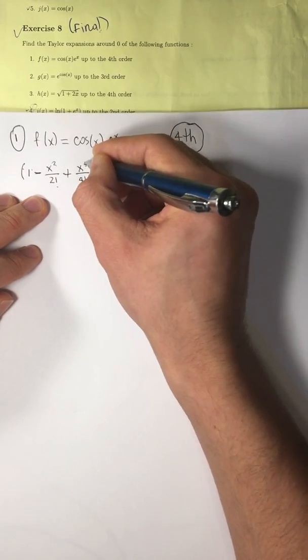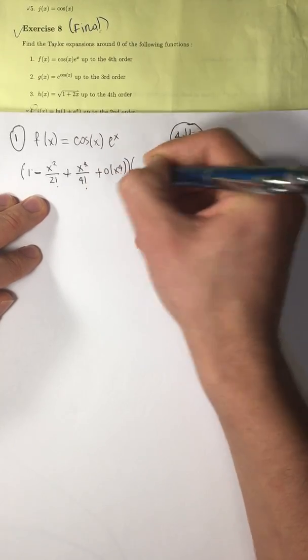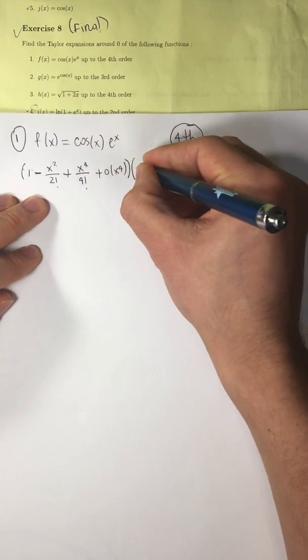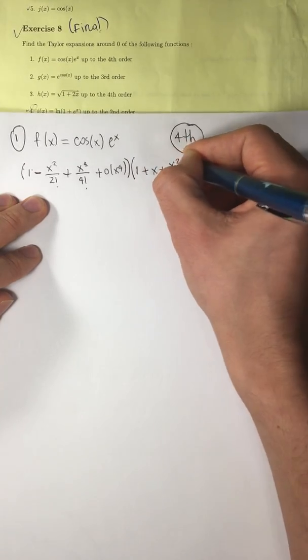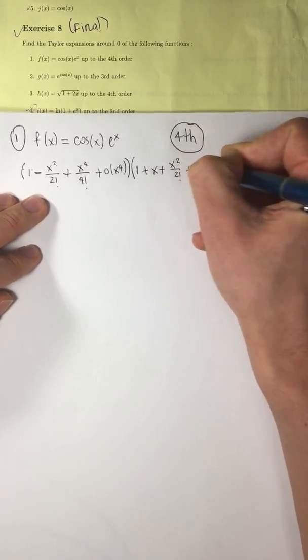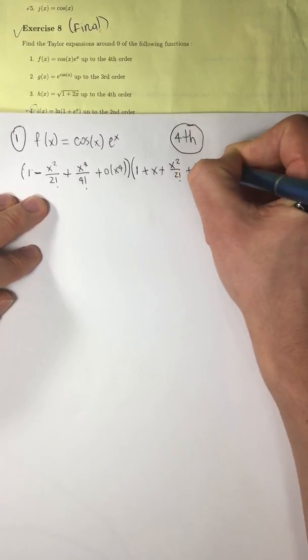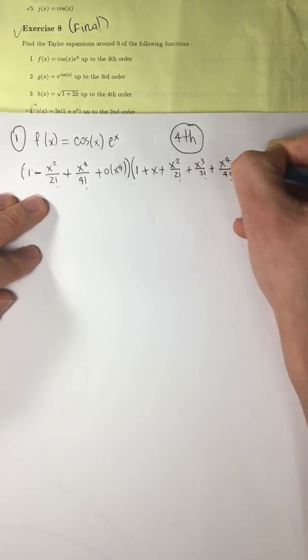We need only 4, so plus ox4. Right? Yes. And e to the x, so it's 1 plus x squared divided by 2 factorial plus x cubed divided by 3 factorial plus x to the 4 divided by 4 factorial plus o x to the 4.